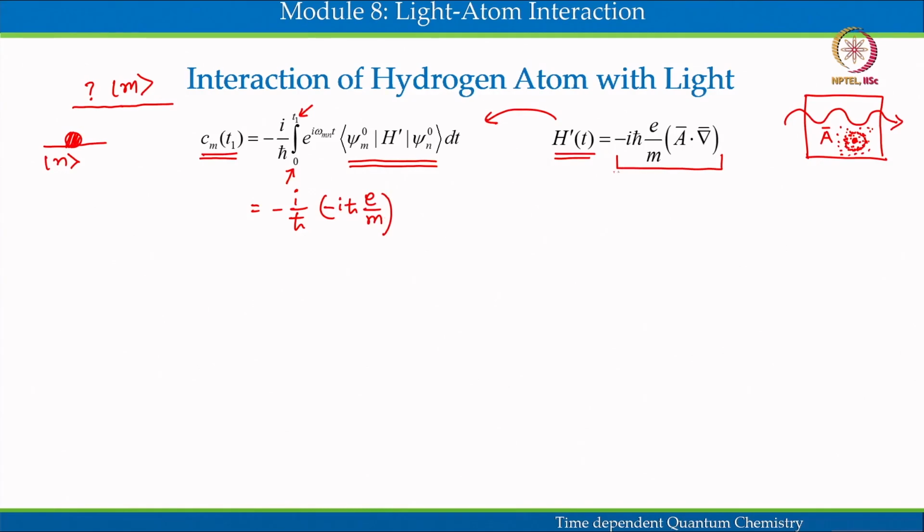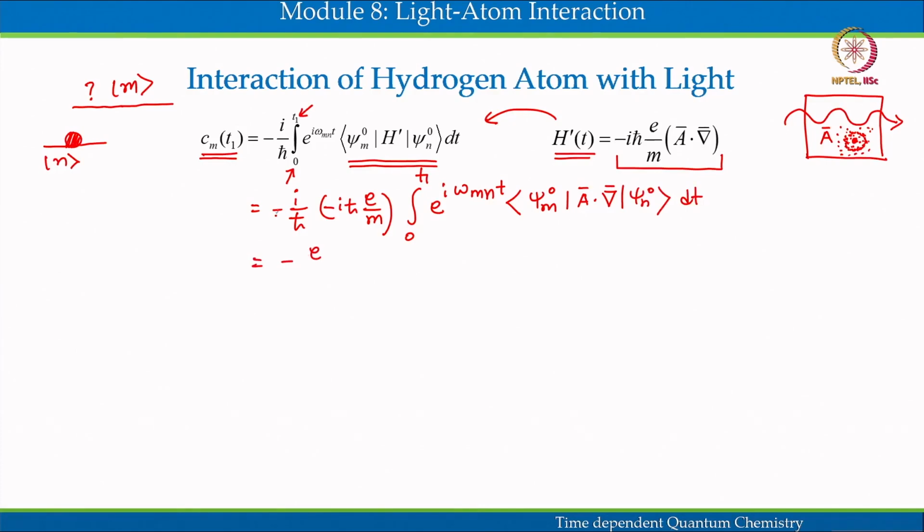So this part is coming, then the integration 0 to t1 e to the power i omega mn t, then this integration psi m, this dot product, multiplied by psi n 0 dt, which is nothing but minus.